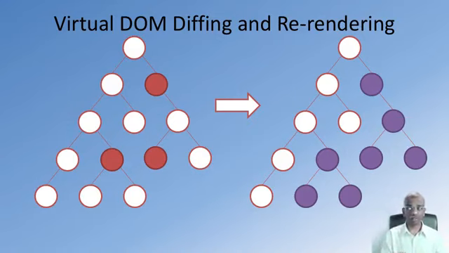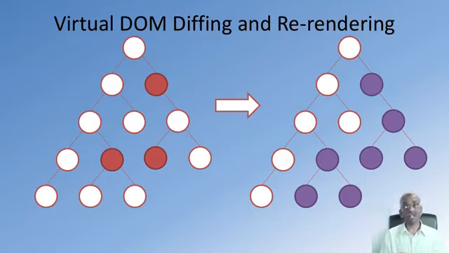In this case, for example, when these 3 red components are affected due to the change in the state, then it may result in re-rendering of all those nodes that are marked in purple to the right of this screen. So only that part of the DOM tree may have to be re-rendered to ensure that the changes are reflected in the browser DOM.